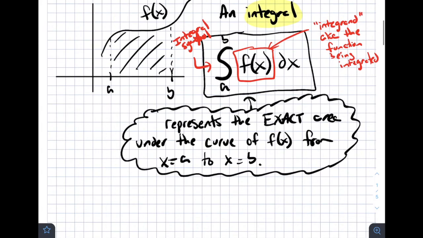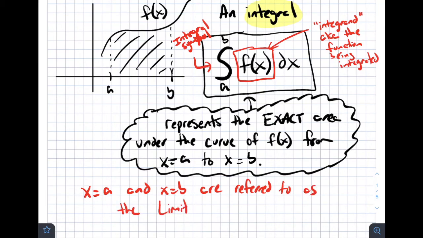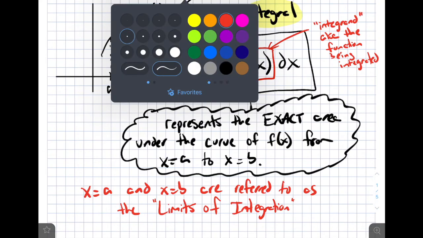Our x equals a and our x equals b are referred to as the limits of integration. They're essentially telling you what x values you're finding the area beneath the curve for: the lower limit of integration and the upper limit of integration. And then finally, this part here on the end, this dx.